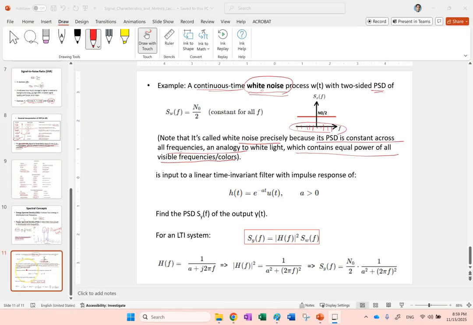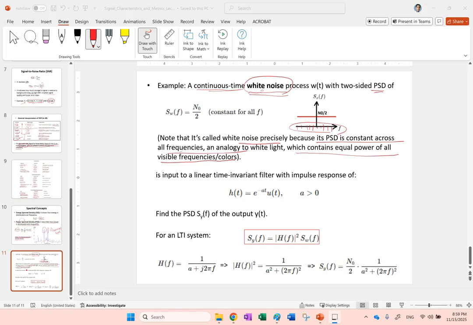Now, would you see white noise, the way we define it with a perfectly constant PSD, in real life? The answer is no. There is no such signal in real life. It is a signal with infinite energy, and you basically don't see such a thing. But there are some processes that can make signals very close to white noise.